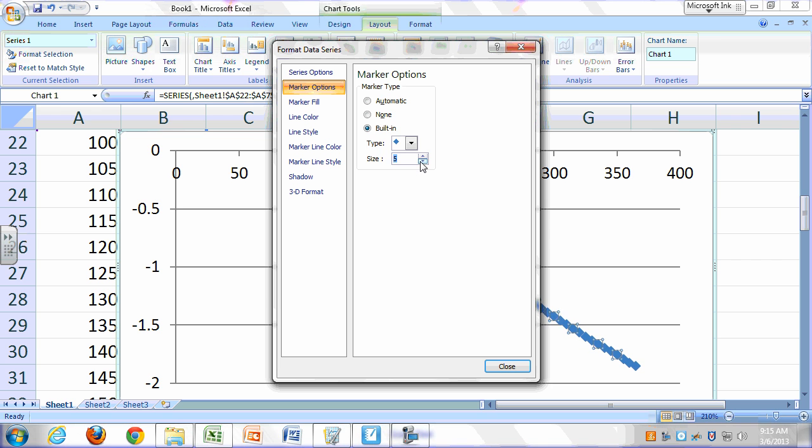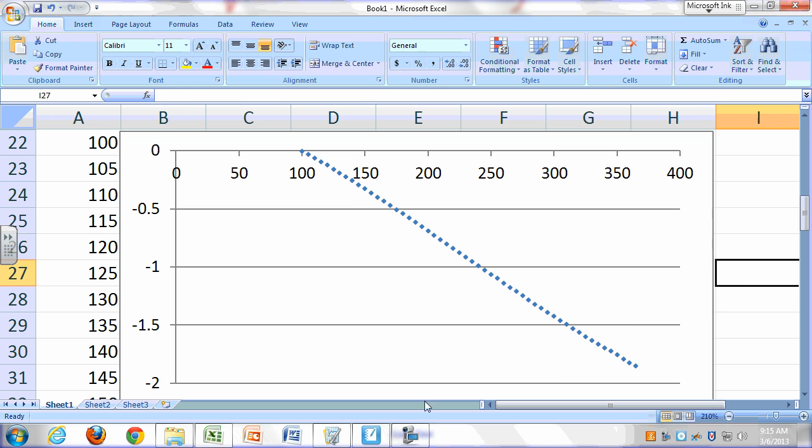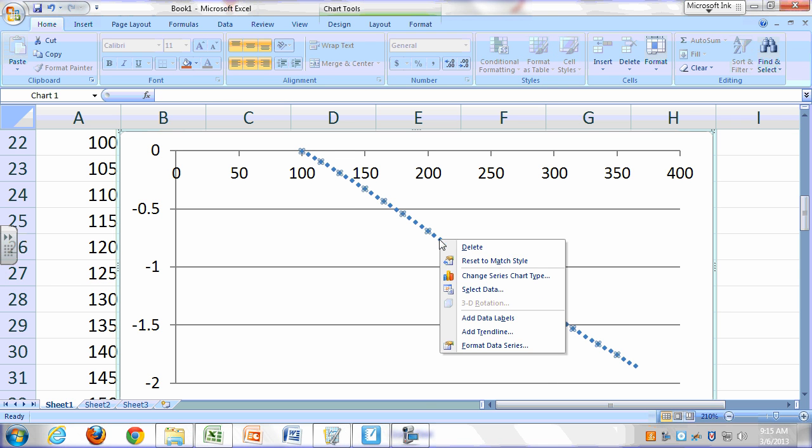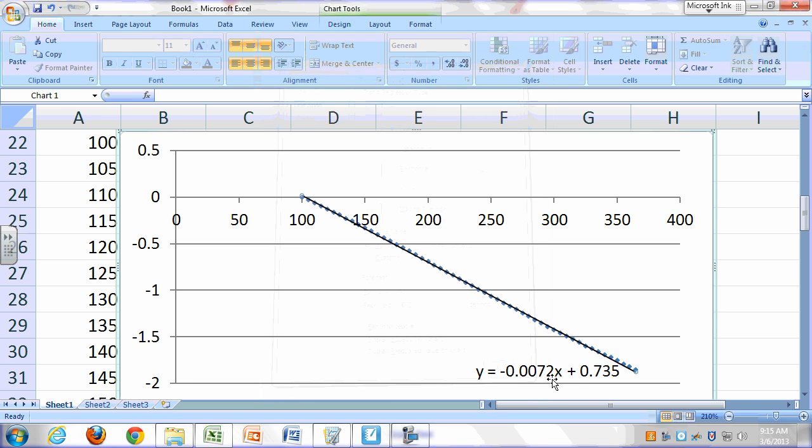Let's make those smaller. Alright, so we've got a straight line. And our linear trend line would give you a negative slope. So what's our slope? Negative 0.0072. So what's our rate constant?